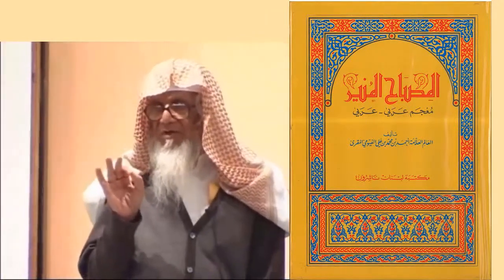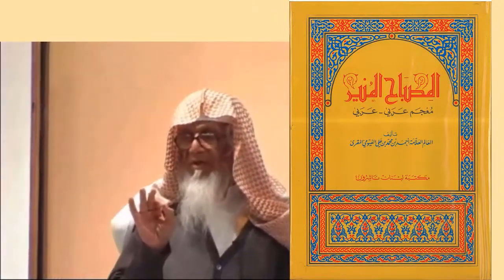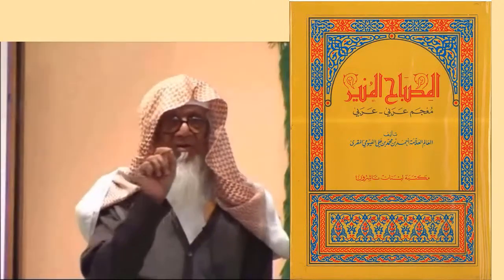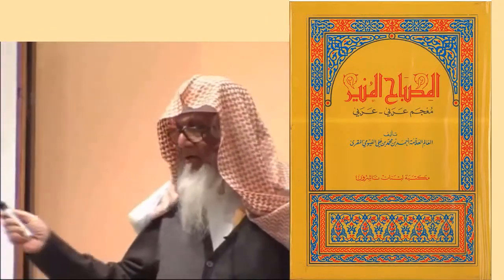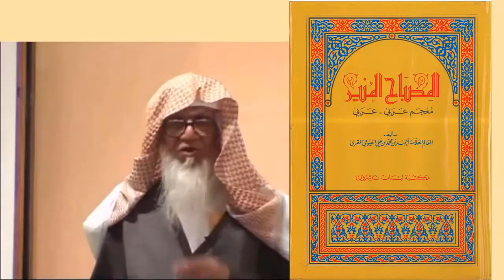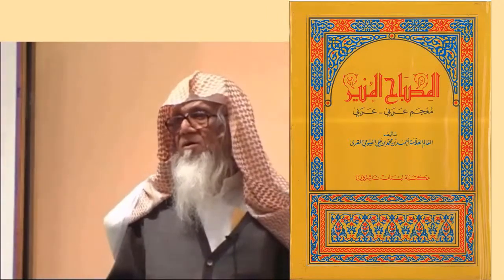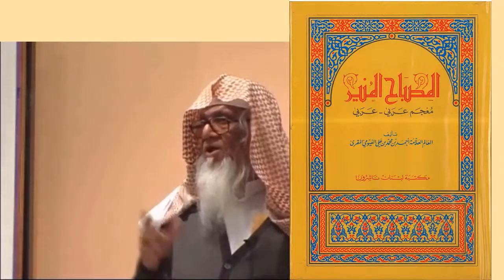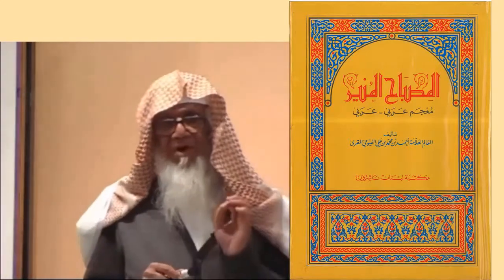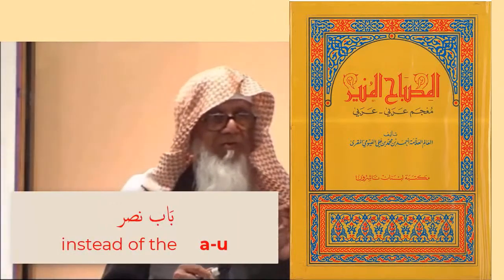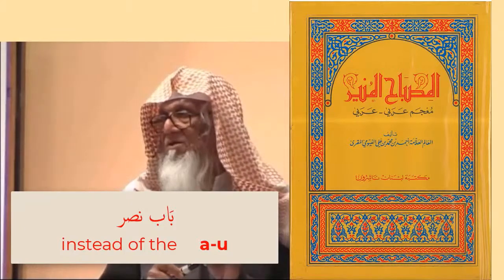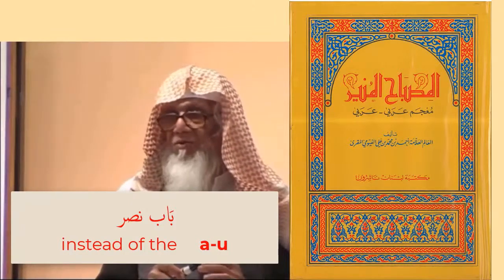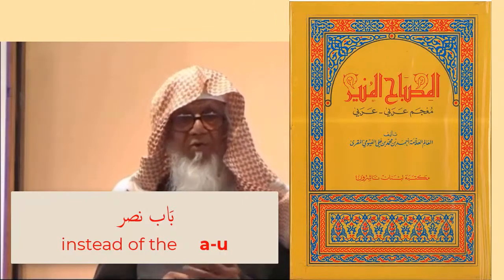Other modern dictionaries mention the bab, but they write fatha, dhamma, kasra in print. But that may lead to mistakes also, because of printing mistakes, instead of fatha you can put kasra. He doesn't do that. He says bab kada, bab nasara, bab fataha. So you can't make a mistake there, because he mentions the basic words which are used to determine the abwab.